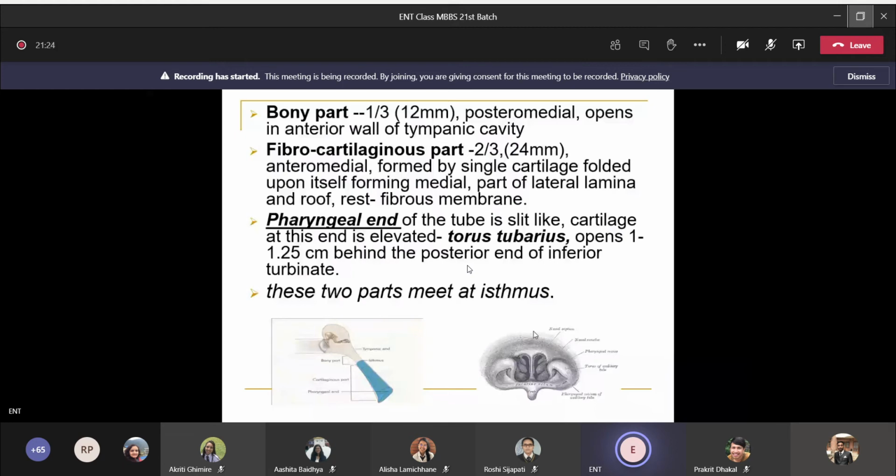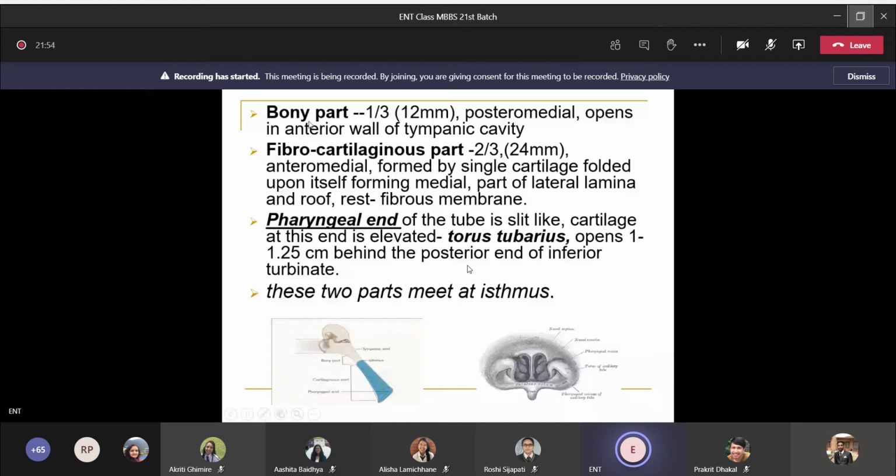Among them the lowest one is the inferior turbinate, and the eustachian tube opens 1 to 1.25 centimeter behind, or posterior to, the inferior turbinate in the nasopharynx. And there's a part known as the isthmus, which means there is a junction of the bony and the cartilaginous part.